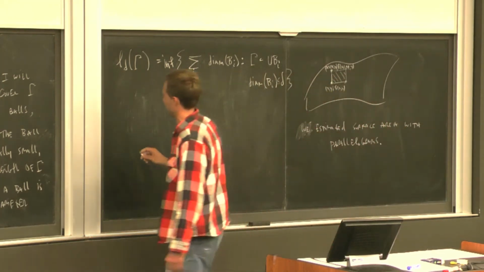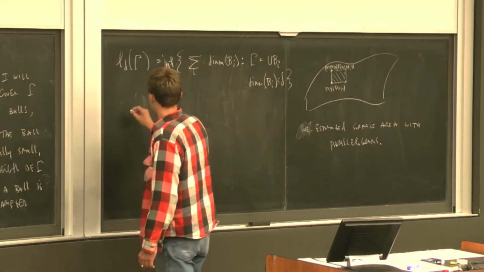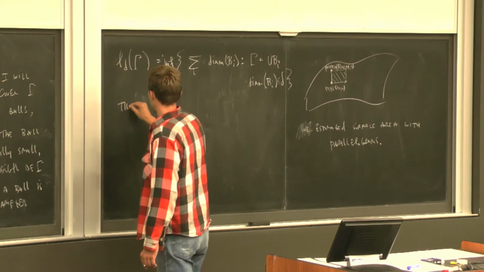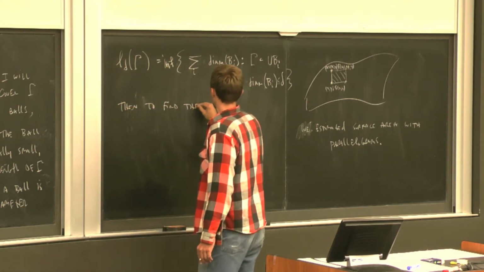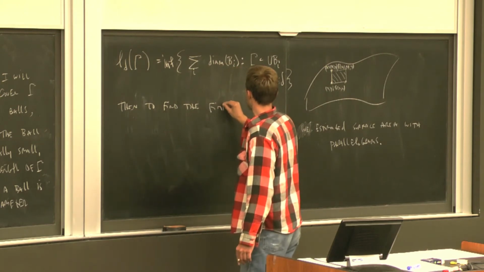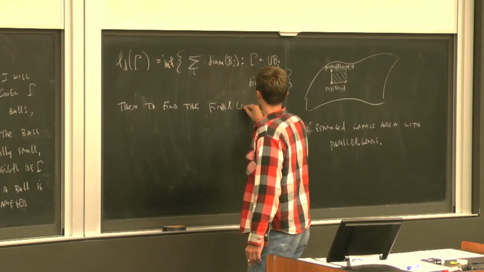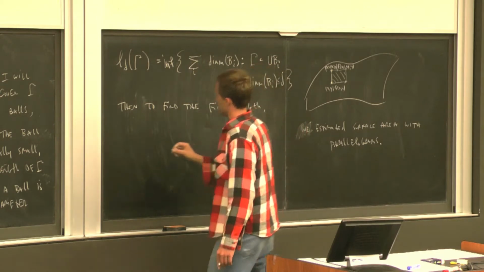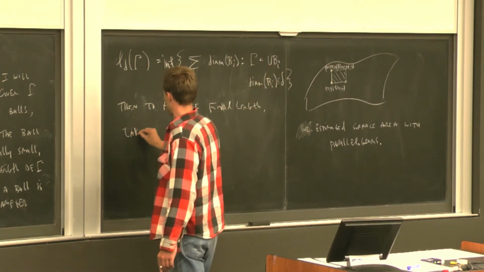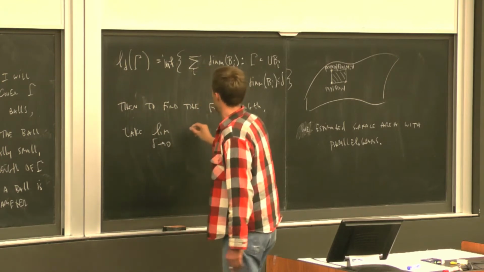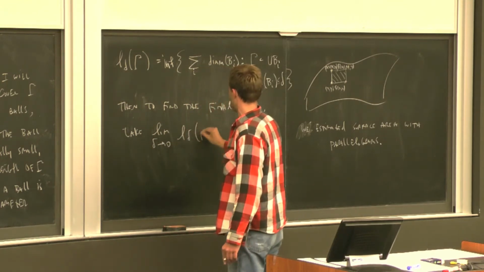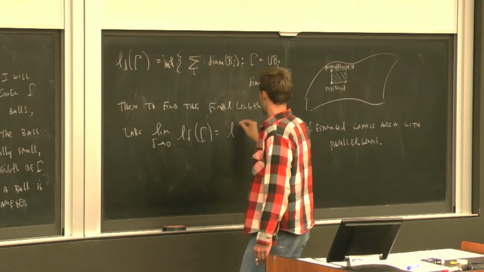Very good, exactly. Just like in calculus. So then to find the final length, take the limit as delta goes to 0 of L delta of gamma. Call this L of gamma.